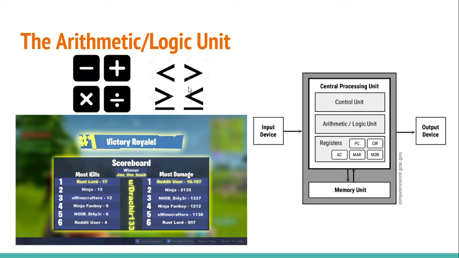There can be comparisons between numbers, letters, or symbols, and the conditions for the comparisons are equal to, less than, greater than, less than or equal to, and greater than or equal to. The arithmetic and logic unit basically takes information that is input into the computer and acts upon that information by using the mathematical operations or the logic functions, and outputs the task that is required.